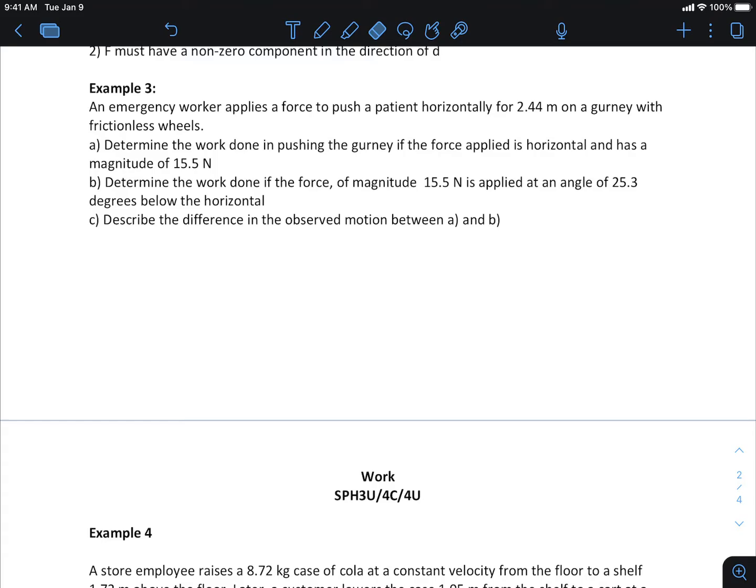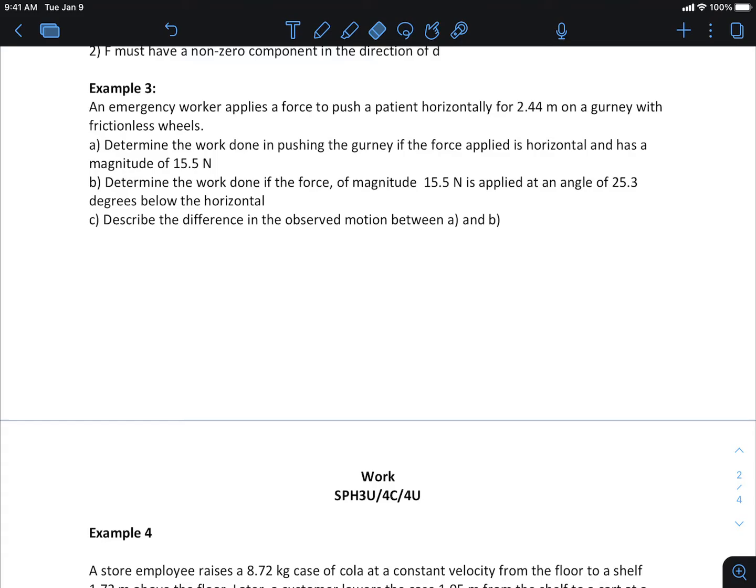But example 3. An emergency worker applies a force to push a patient horizontally for 2.44 meters on a gurney with frictionless wheels. Part A wants us to determine the work done in pushing the gurney if the force applied is horizontal and has a magnitude of 15.5 newtons.